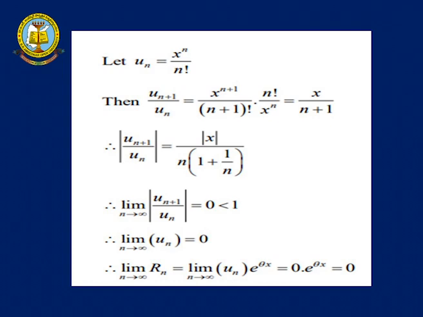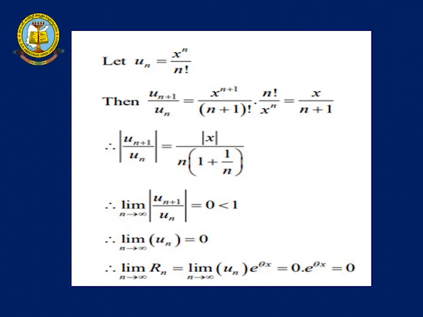So, here we are using u n plus 1 by u n, and we get x by n plus 1. Now, apply the mod: mod of x by n plus 1, and in the denominator n plus 1 we take n common, so we get n into 1 plus 1 by n.